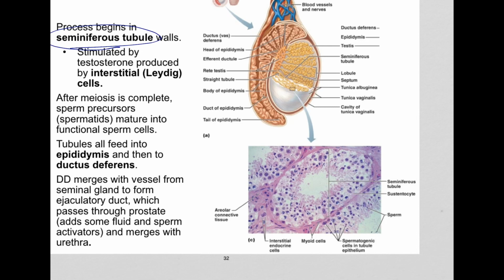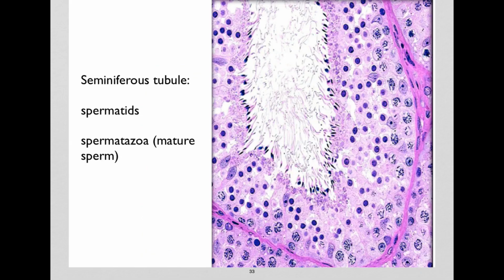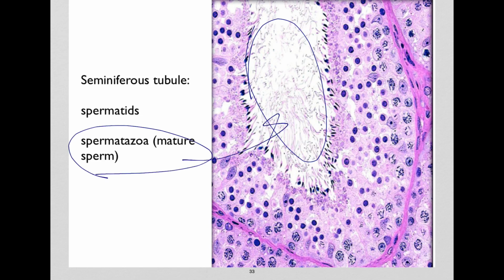And the reason for that is, if you look at the wall of that tube, which you can see here, and which is maybe even more clear on the next slide, the inside of the tube is filled with developing sperm cells at the center of the lumen. Those are very close to becoming mature sperm, or spermatozoa, if you're going to use a zoological term.